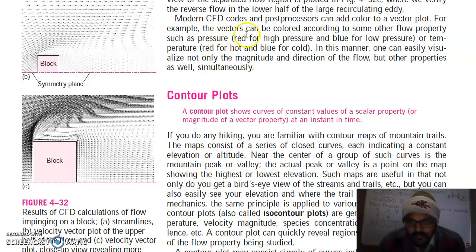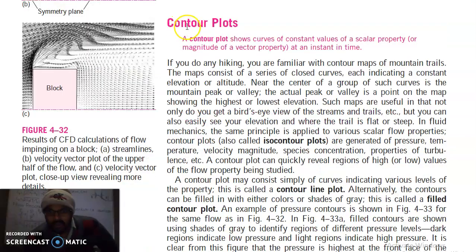For example, the vectors can be colored according to some other flow property such as pressure, red for high pressure and blue for low pressure, or temperature, red for hot and blue for cold. In this manner, one can easily visualize not only the magnitude and direction of the flow but other properties as well.